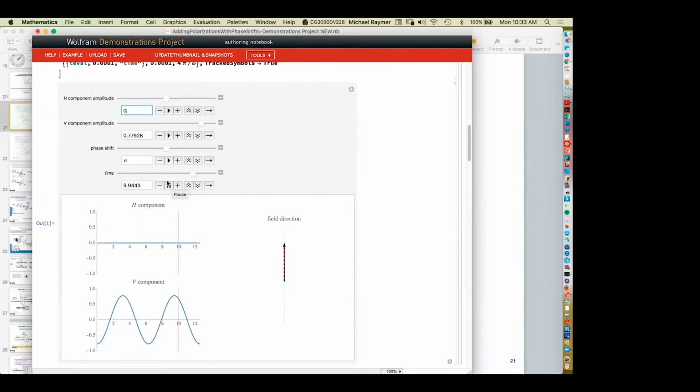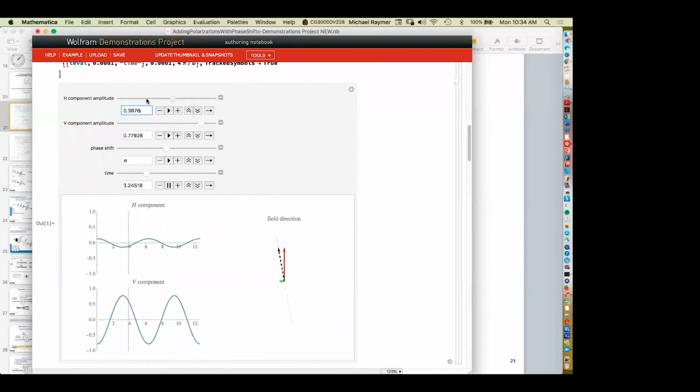So this is slow motion. And you can see as time goes on, the amplitude goes negative, positive, negative, positive, 0. So this is tracking what that's doing. Okay, now if I have a little bit of both, equal amounts of both, I can make anti-diagonal like that.